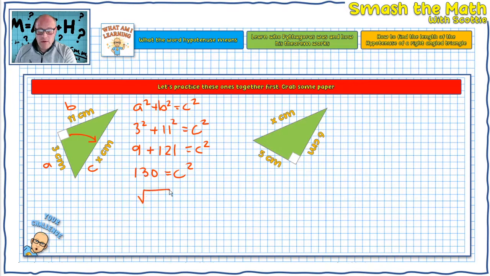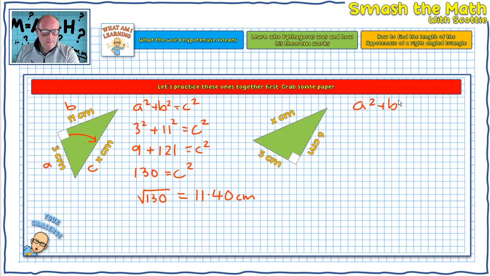So we're going to square root 130. Okay, get my calculator and do that. Square root of 130, round it to 2 decimal places, there you go. It is 11.40 or 11.4 centimetres.